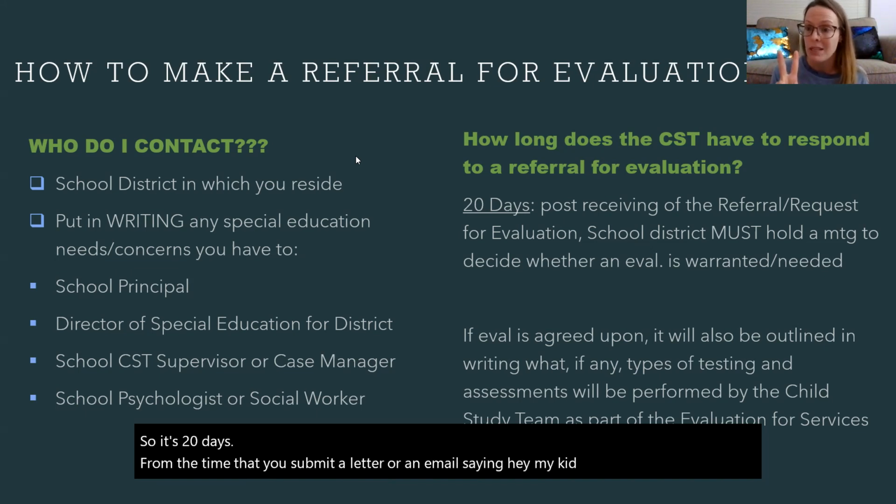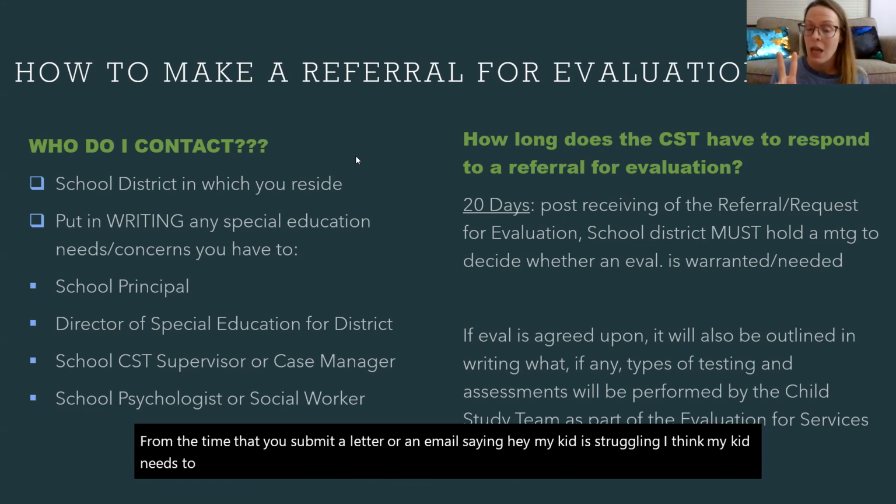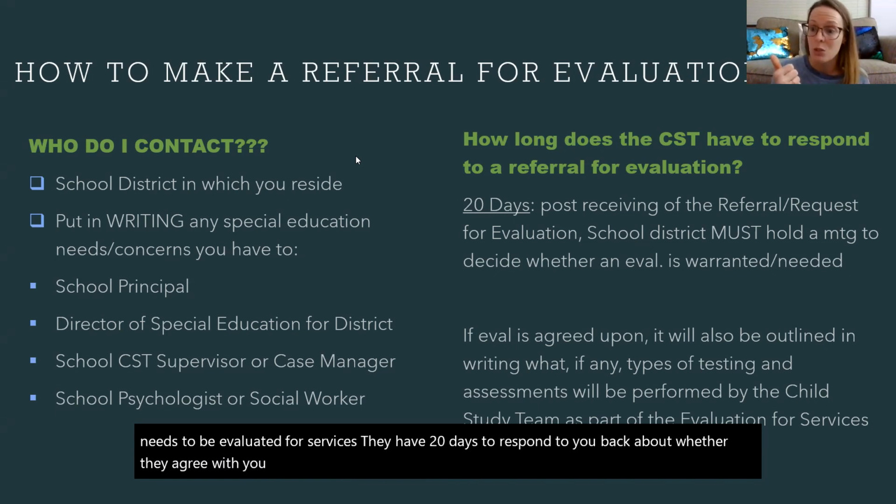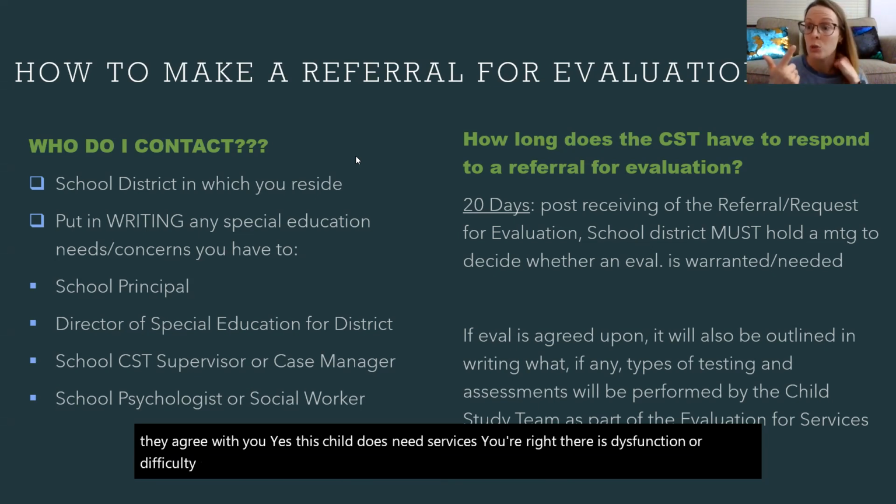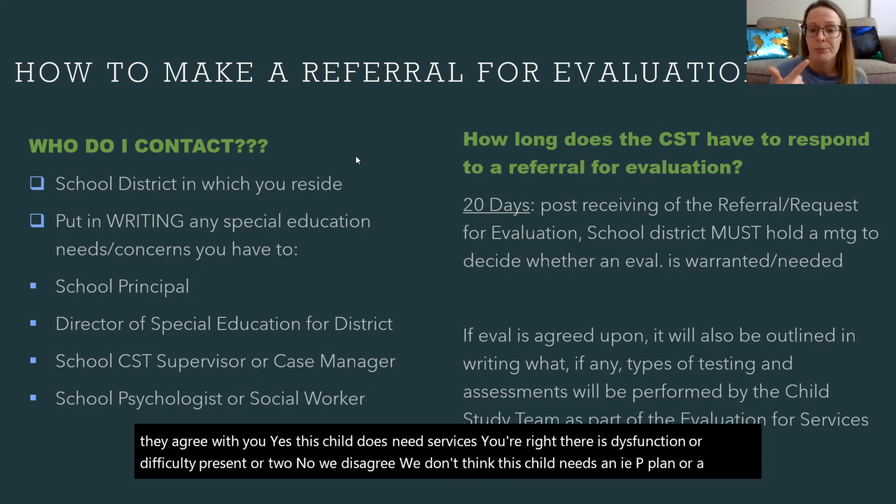I think my kid needs to be evaluated for services. They have 20 days to respond to you about whether they agree with you: yes, this child does need services, you're right, there is dysfunction or difficulty present. Or two, no, we disagree. We don't think this child needs an IEP plan or a 504 plan.